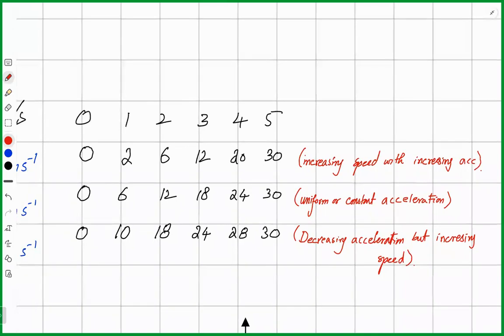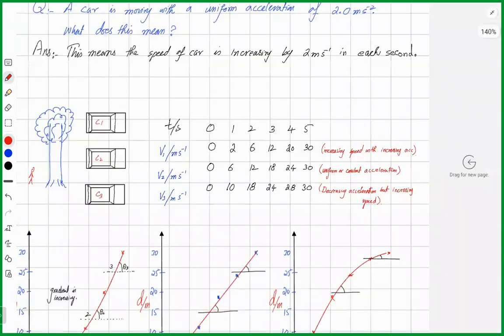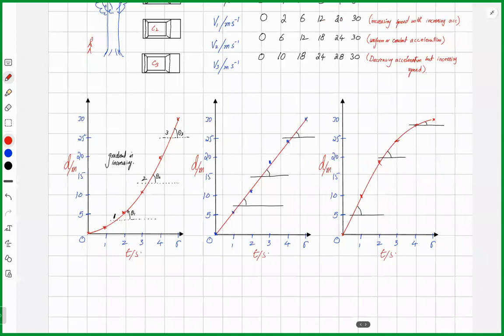And now these graphs, they will be exactly same, but the quantities will be, instead of distance on y-axis, now we have meter per second.